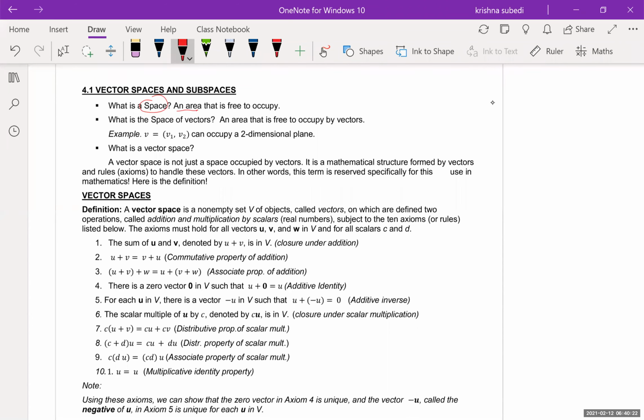So it's a space, okay? An area or region that is free to occupy. And what is the space of vectors? In simple, common-sense language, a space of vectors is probably an area that is free to be occupied by the vectors, right? By the vectors.